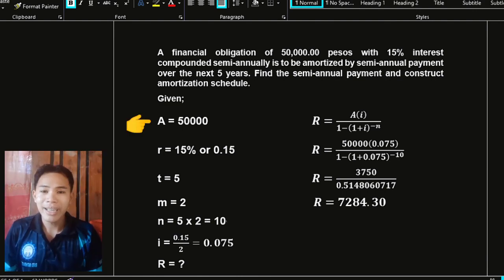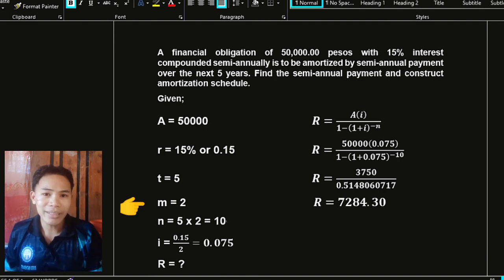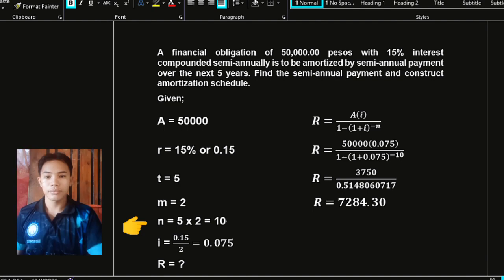Here's our given. The amount is 50,000. The rate is 15% or 0.15 in decimal. Our time is 5 because it is 5 years. The number of compounding periods is 2 because it is semi-annual.